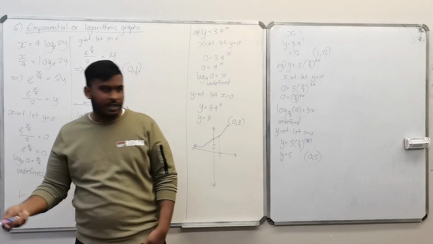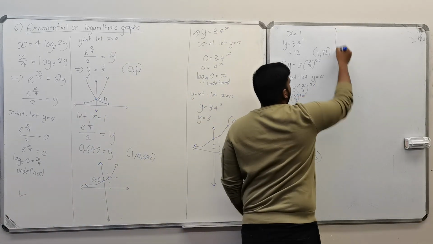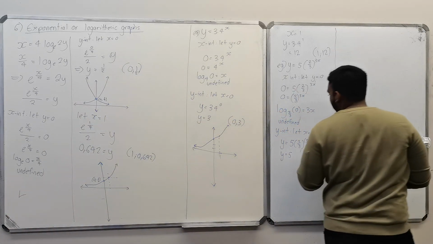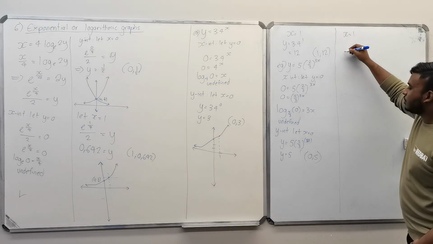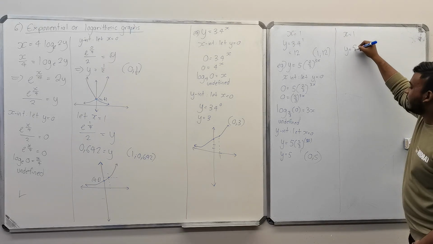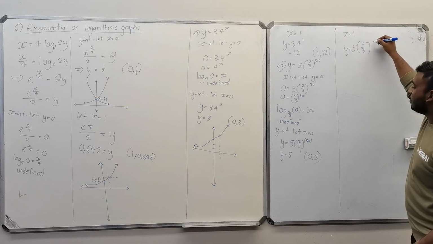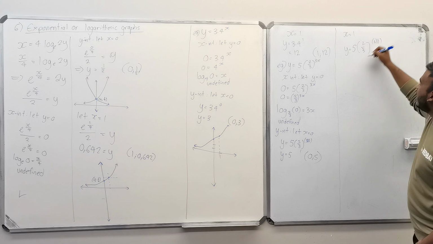Now what do you need to do next? You get a second point. How do you get your second point? You just choose a value for x. So let's say x equal to 1. So you'll say y is equal to 5 times 2 over 3 to the power 3 times 1.